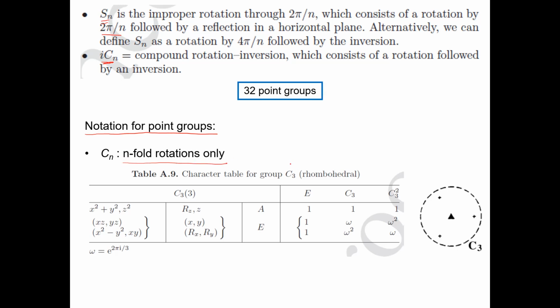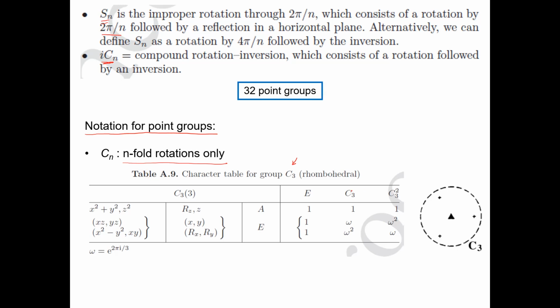We have seen this example just a while ago for the group C3, in which we had only the identity, the C3 and the C3 squared operation. This is an example of a more general group Cn. You can have C3, C4, C2, etc.